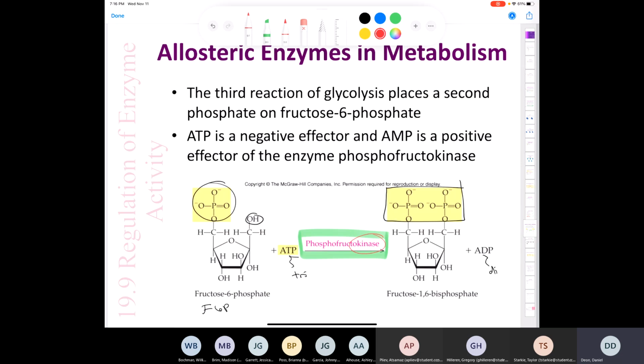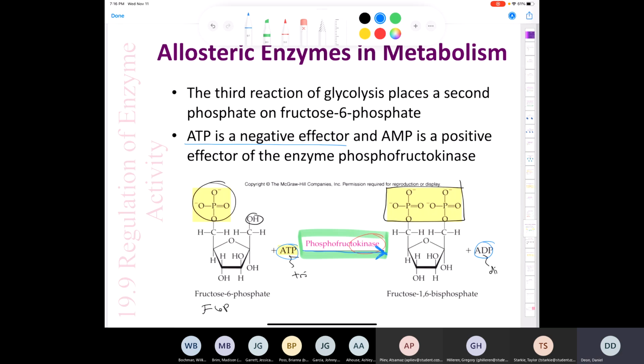But what I want to think about with you guys are these two little molecules, ATP, adenosine triphosphate, and ADP. If we think about the progress of this reaction going from F6P to fructose 1,6-bisphosphate, these two molecules, ATP and ADP: ATP is a negative effector.